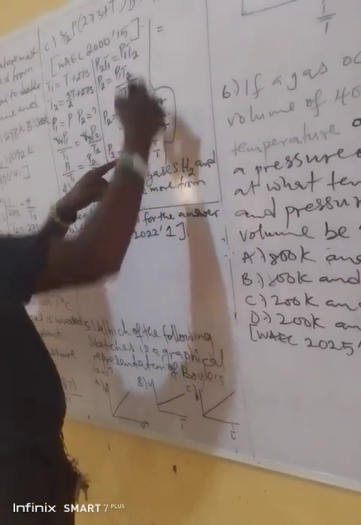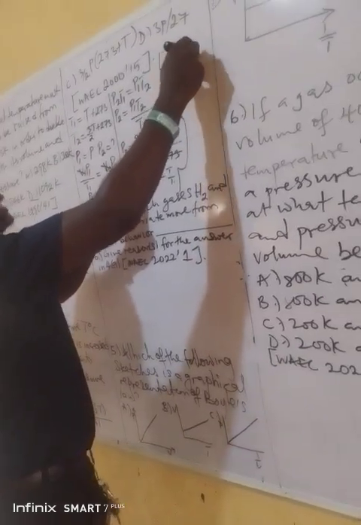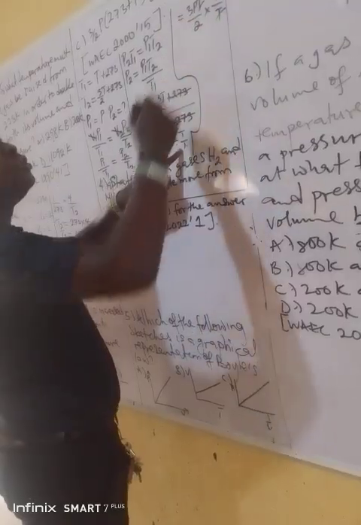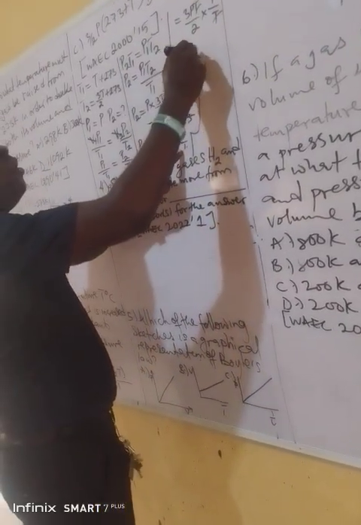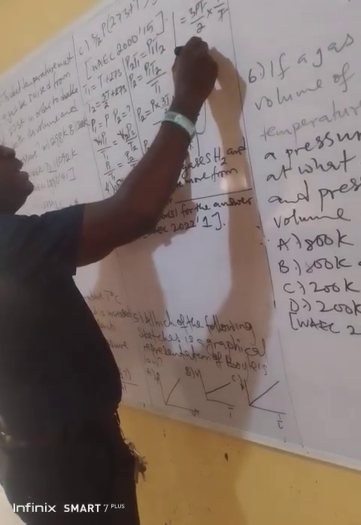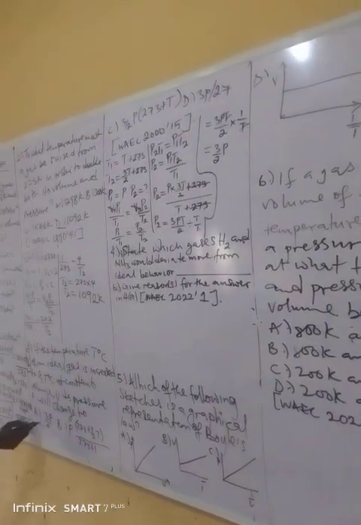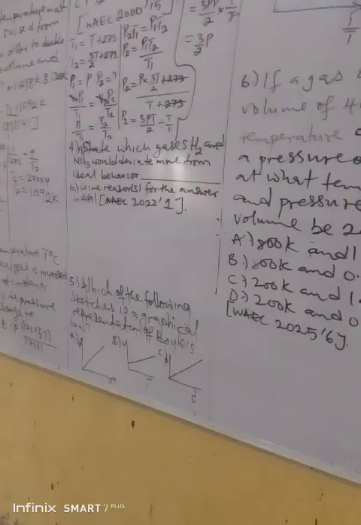Read the division sign now: 3PT over 2 times 1 over T, so that this thing can cancel. Are we together? So we now have 3 over 2 P. Which option is that one? A. A is the answer. Can you see that complex calculation?